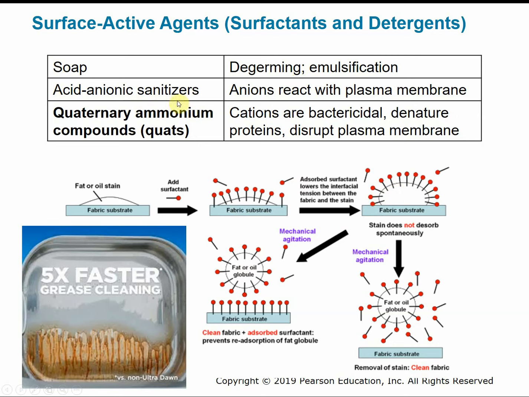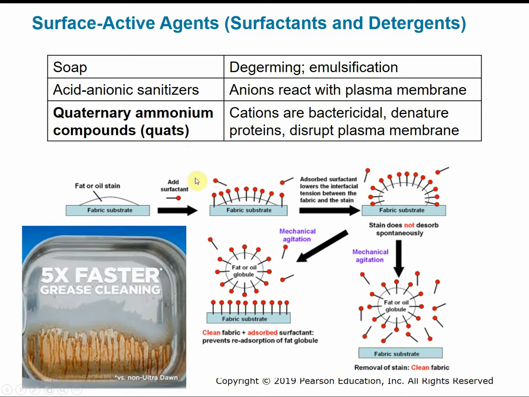Acid anionic sanitizers contain anions, those negatively charged ions that react and disrupt the plasma membrane. Quaternary ammonium compounds, sometimes called quats, are cations, those positively charged ions that can actually kill the cells. They denature the proteins and disrupt the plasma membrane.